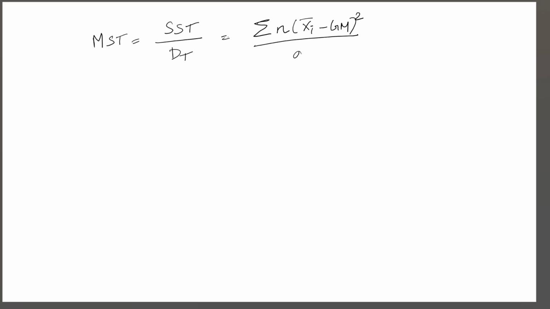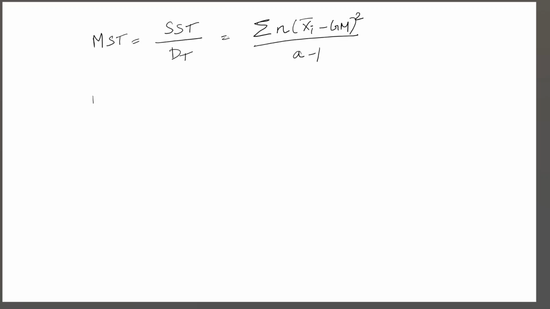To make it clearer, MST is given by SST, the sum of the squares of the differences between the treatments, divided by dt, the degrees of freedom of the difference. This is the summation of n times (xi bar minus the grand mean) the whole square, divided by a minus 1, where a is the number of levels or experiments.